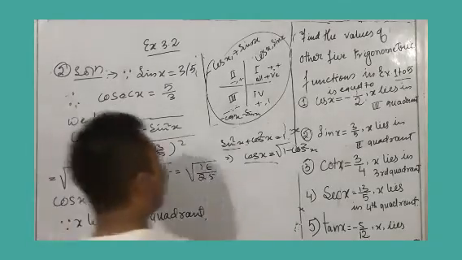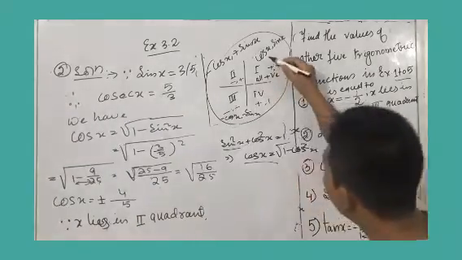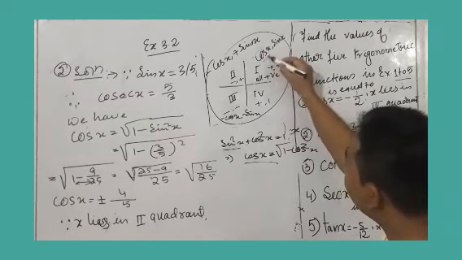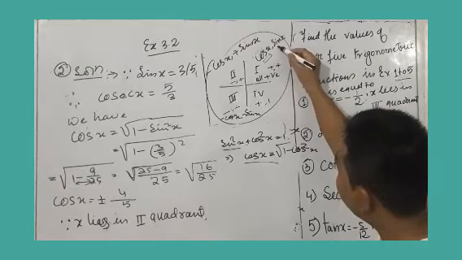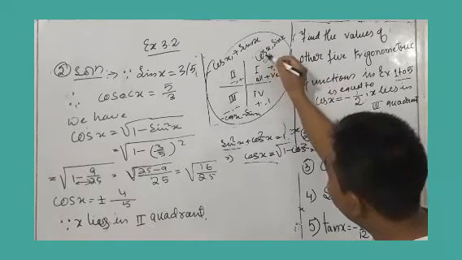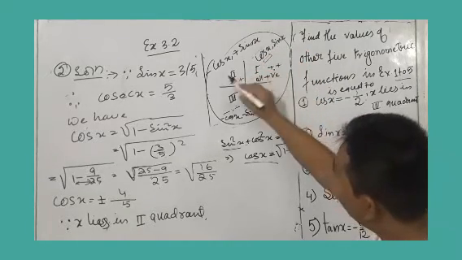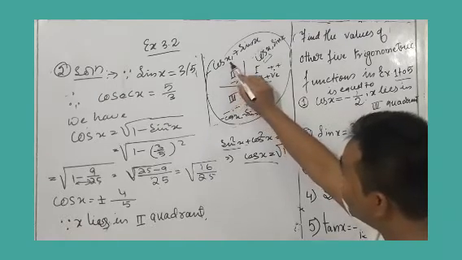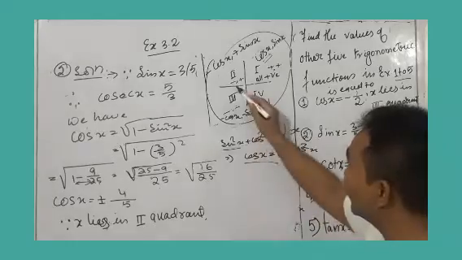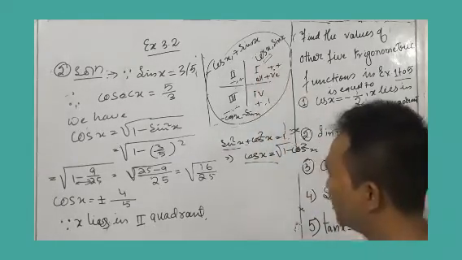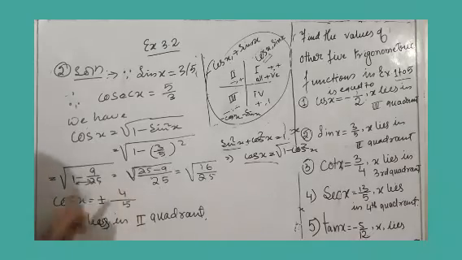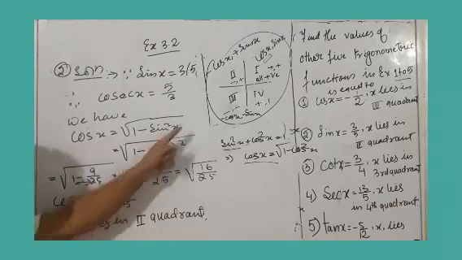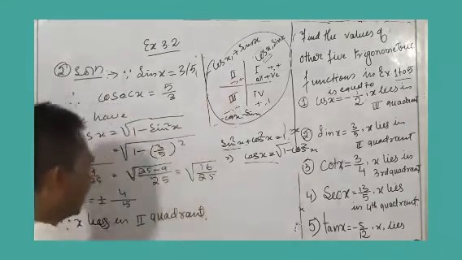Start from here: cos x first, sin x second. In the second quadrant, cos x is negative, and only sin x is positive. So what will be the value of cos x, positive or negative? It will be negative, of course.